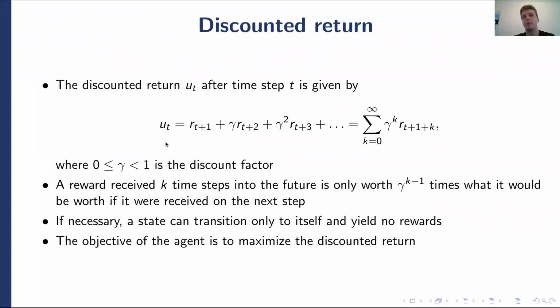So it's clear here that we are considering the sum of rewards until the end of time. But what if we wanted an environment where the agent interacts with the environment for a fixed number of time steps, and then the interaction stops?